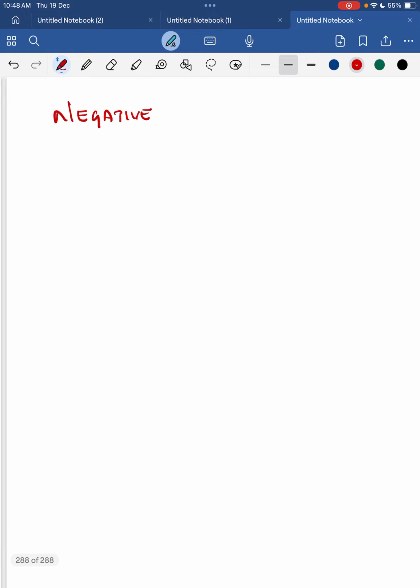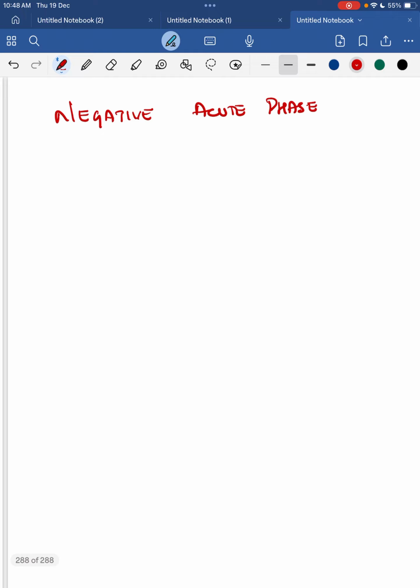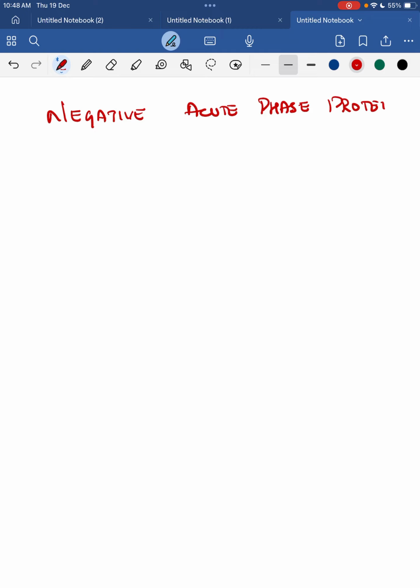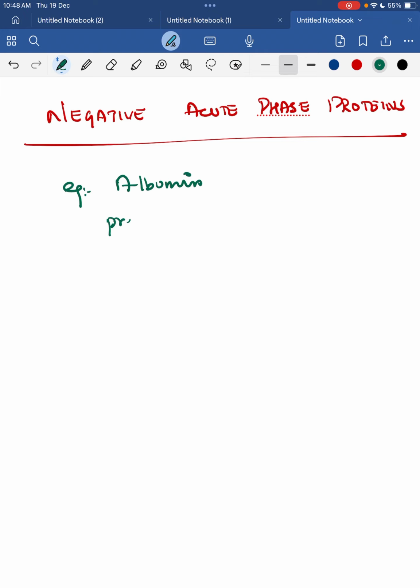Examples are your albumin, prealbumin, retinol binding protein, and your transferrin. The concentration of these proteins is decreased during your inflammatory conditions.